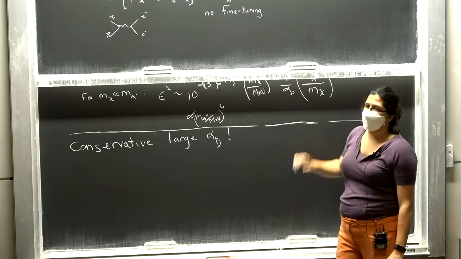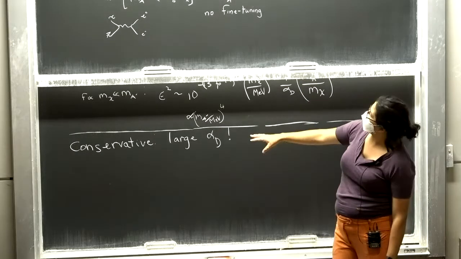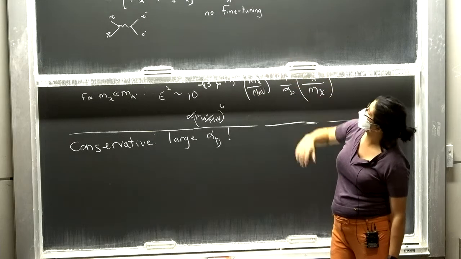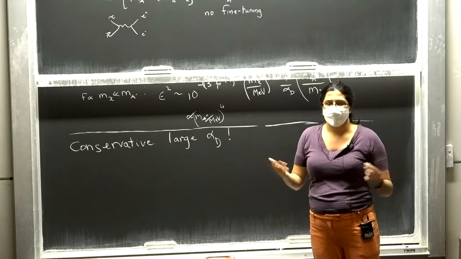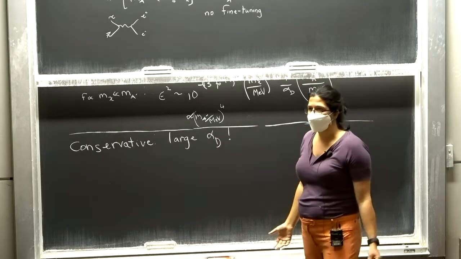Yeah, it's always the same epsilon. So the conservative thing is to map epsilon to Y for the largest alpha dark that you think respects the assumptions of the searches.